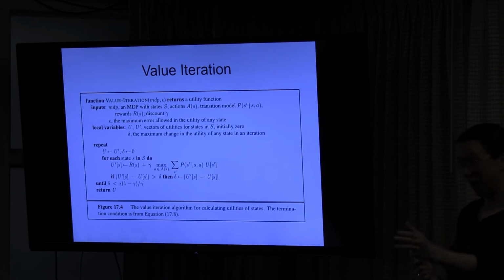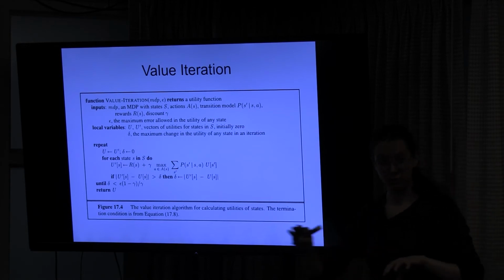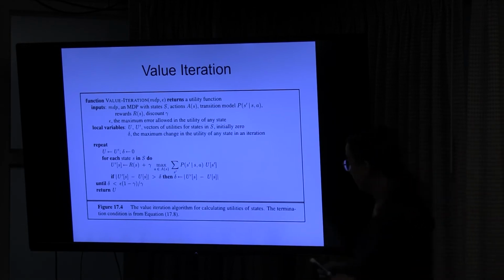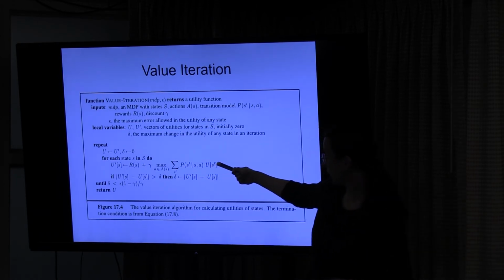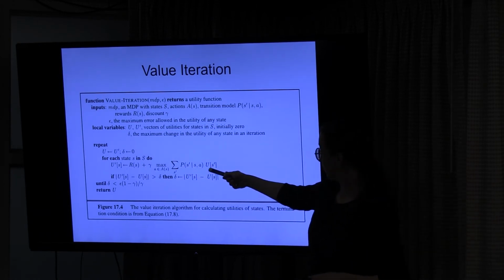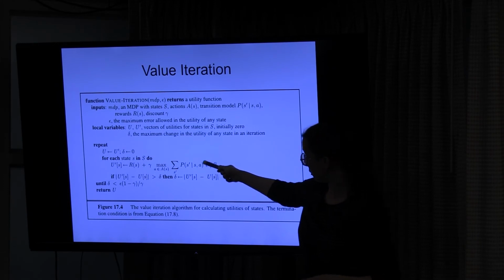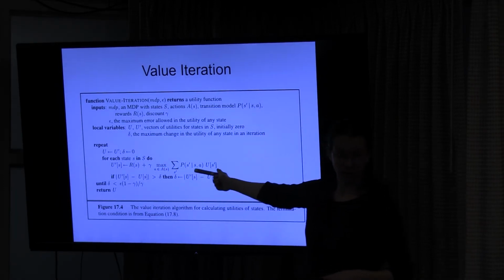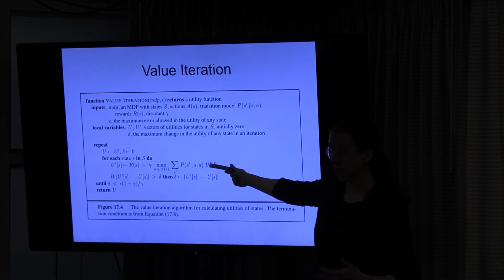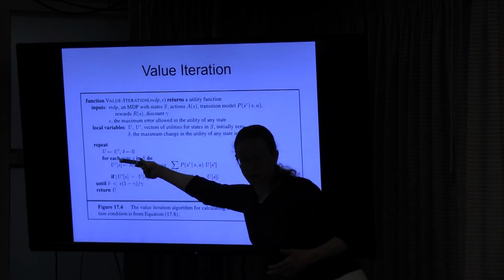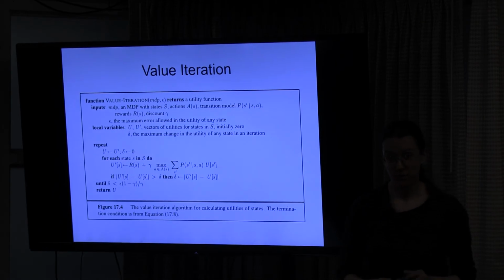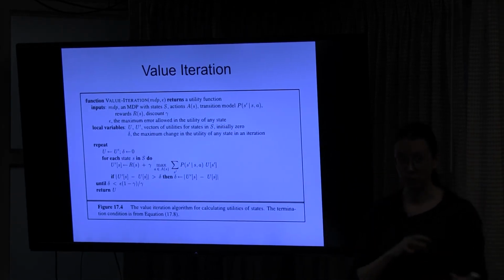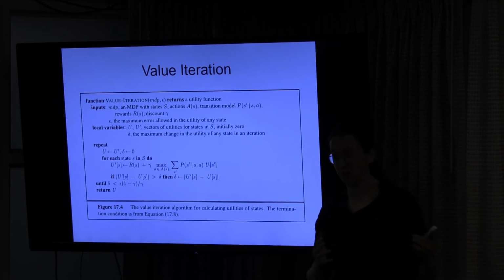U prime is my next estimate, and U is my current estimate. Here we're using our current estimate to compute the best action and the value of that, and then using that to make a new estimate. So every time we take a U, we use it to get a better U. And our U prime is our better U.